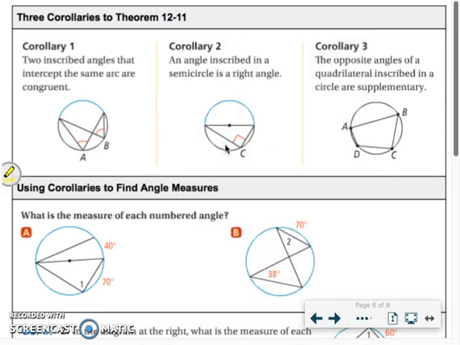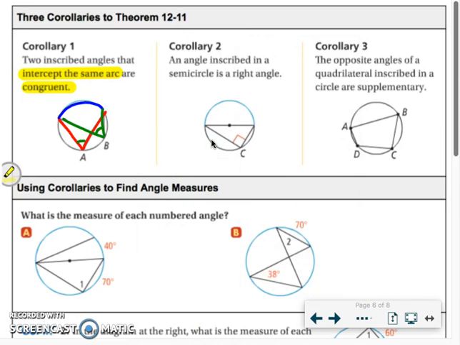All right, if you notice that two inscribed angles intercept the same arc, then they have to be congruent. If they're cutting off that same piece, so if you look at A cutting off that blue angle right here, and you notice that B is actually cutting off that same arc, that means these two angles have to be the same.